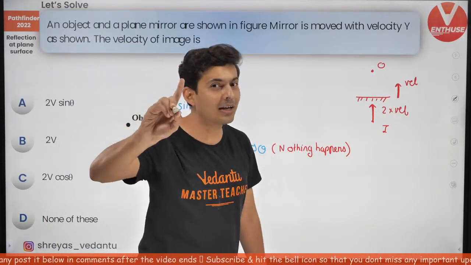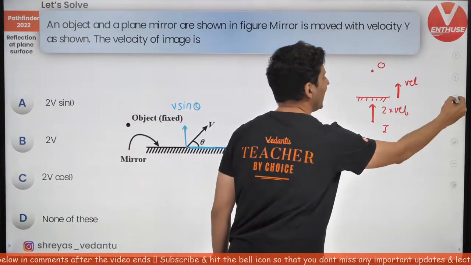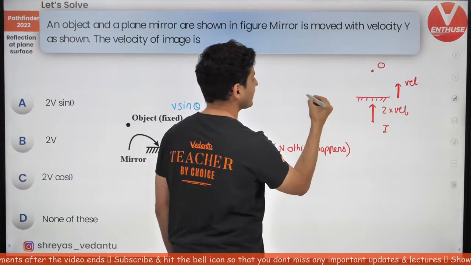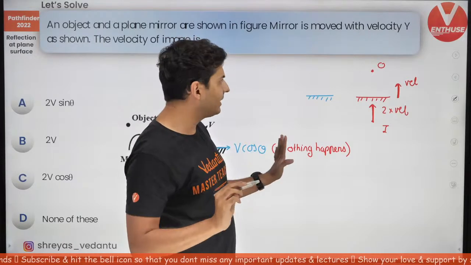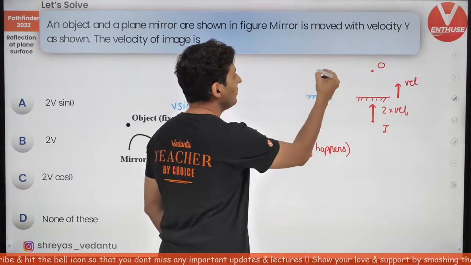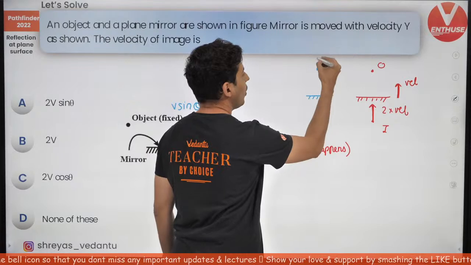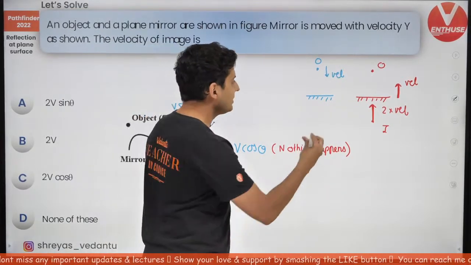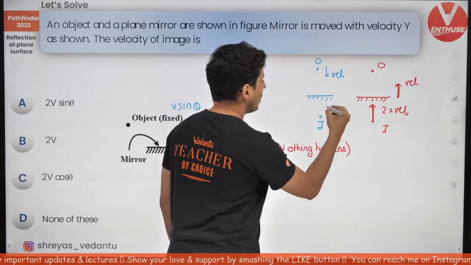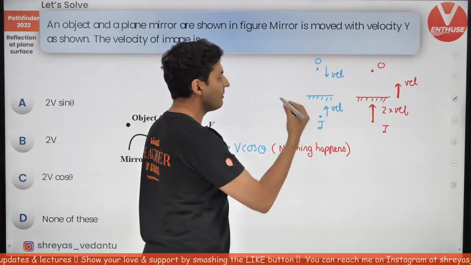Why 2 times? If you have not yet understood, I will explain it to you in a different way. Okay, look at this. Think of the mirror's frame of reference. If you sit on the mirror, what will you see the object doing? You will see the object coming this way with some velocity. Agreed? That means you will see the image also going this way with the same velocity.